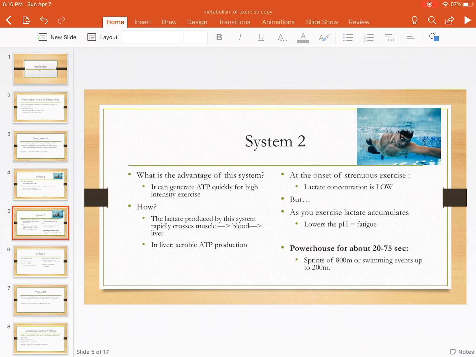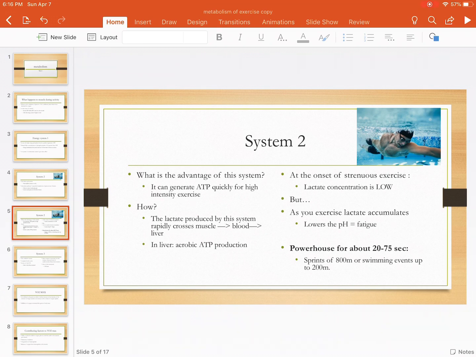But it is your powerhouse for about 20 to 75 seconds before all of this happens, and your body goes to this system. It does not avoid this system and just jump up to system 3. Your body goes system 1, then system 2, then system 3.